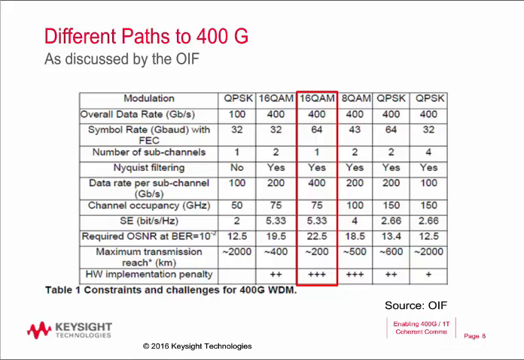And there are a couple of others being discussed, which can also be used to generate a 400G aggregate data rate. As you can see, this is 2 carriers or even 4 carriers, requiring even more channel bandwidth. So for example, 100 or 150 gigahertz, you decrease in spectral efficiency.